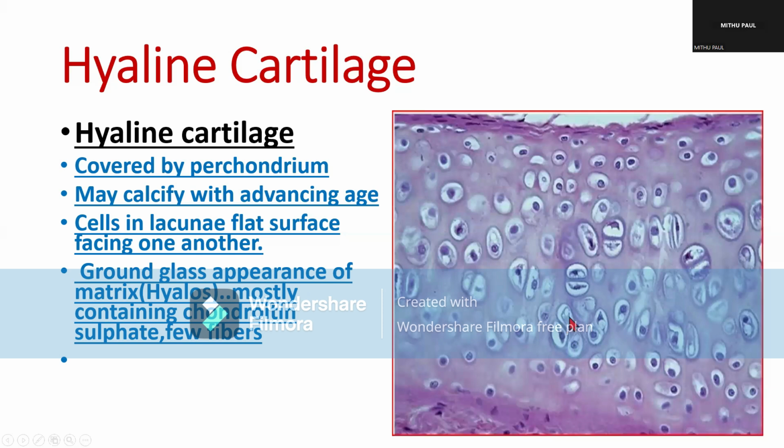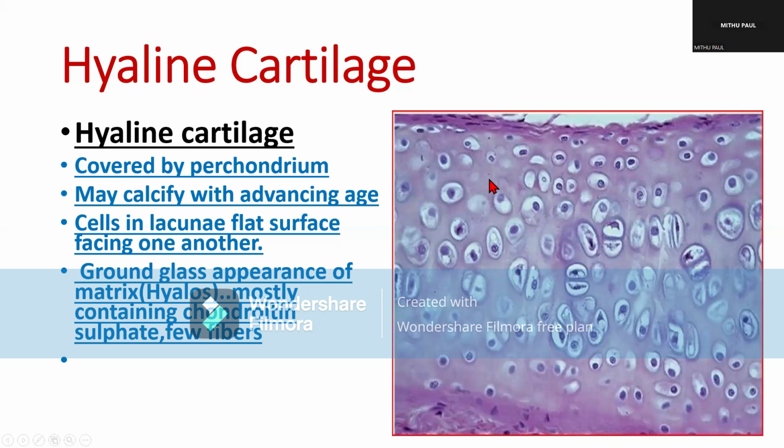Now, in between the cell cluster, that is the cell nest, and the territorial matrix, there is a zone that looks vacant, like a cavity within which the cell nest lies, and these are known as the lacunae. And see the ground glass appearance because of the basophilic staining of the ground substance, as it contains a huge amount of chondroitin sulfate.